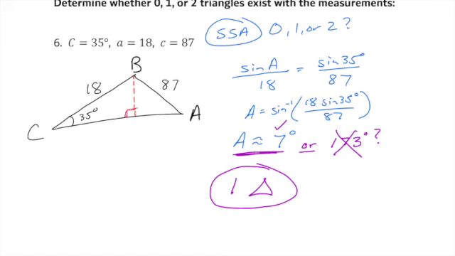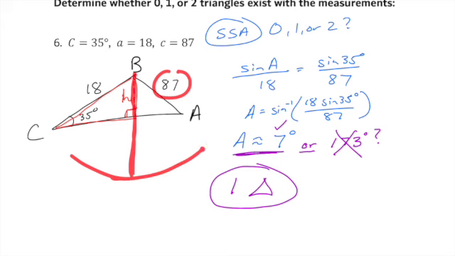They're going to say, look, I didn't even have to do any work in this problem because no matter what that altitude is, I know it's less than 18, right? Because you have a right triangle here, and 18 is the hypotenuse. So that height, that altitude, is going to be less than 18. And this third side of 87 is definitely longer than that, and it's longer than 18, so you're only going to be able to make one triangle.